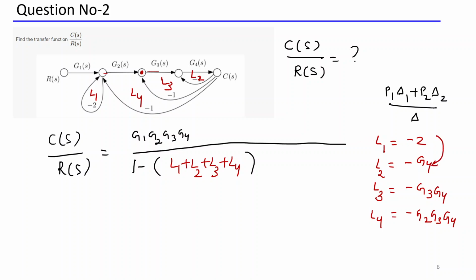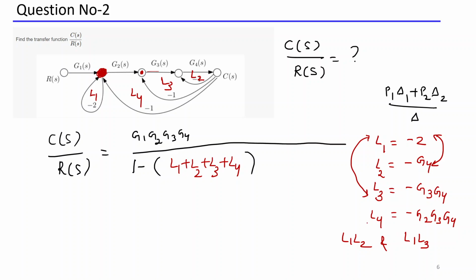L1 and L3 is another combination. Is there L1 and L4? No, L1 and L4 are joined at this point because there is a common node between them. So one is L1 L2, another is L1 L3. These two are the non-touching loops.